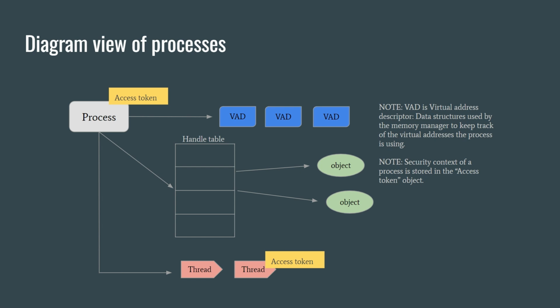And your process also has its own VADs, or virtual address descriptors, which essentially are data structures used by the memory manager to keep track of the virtual addresses that your process is using, right?